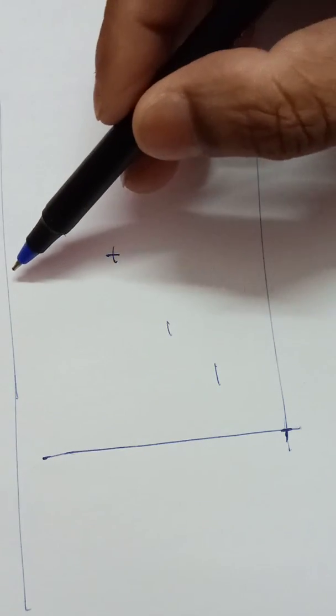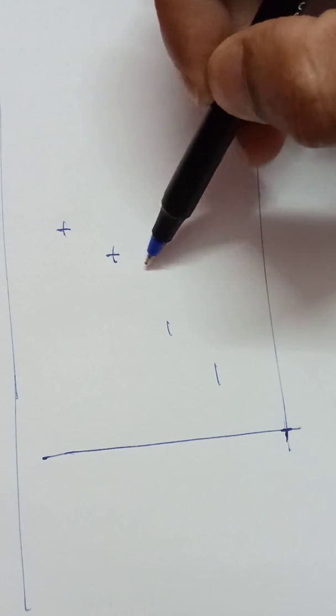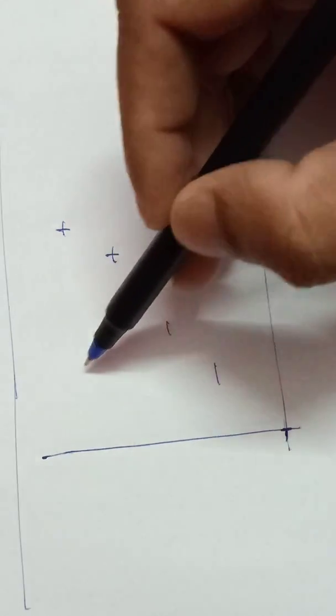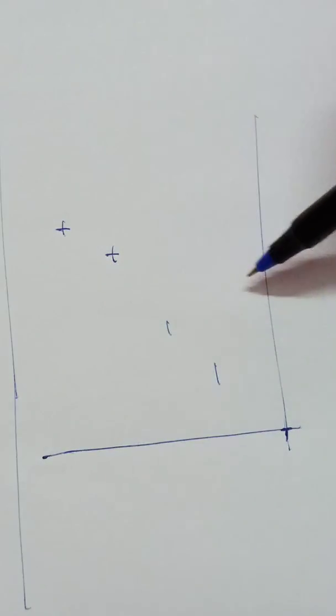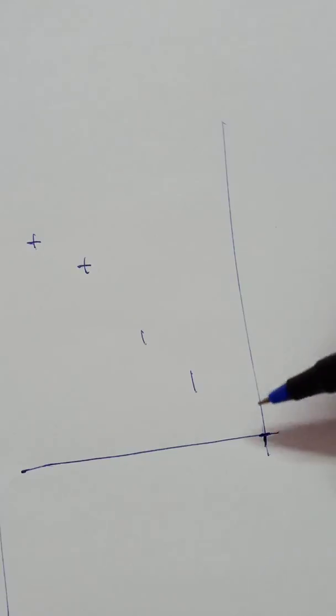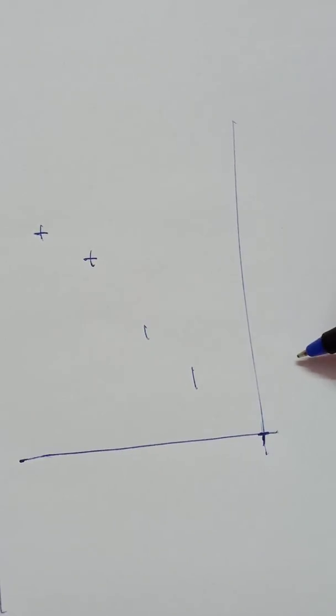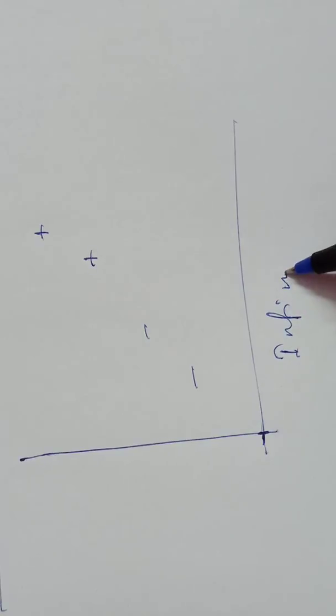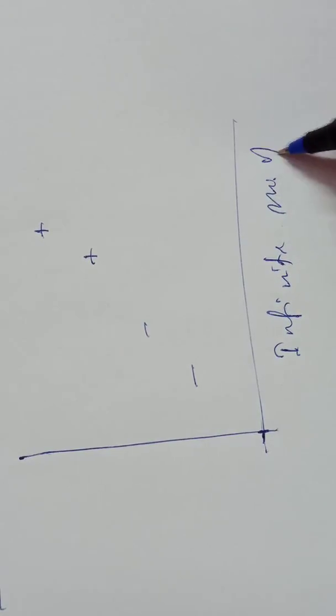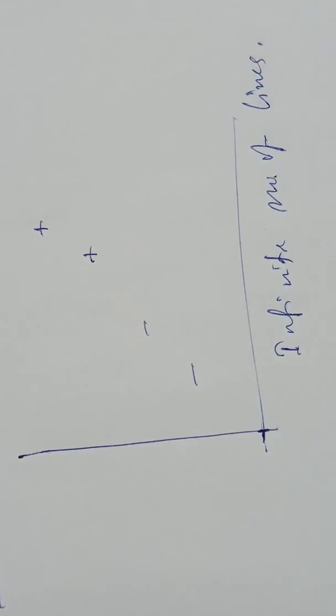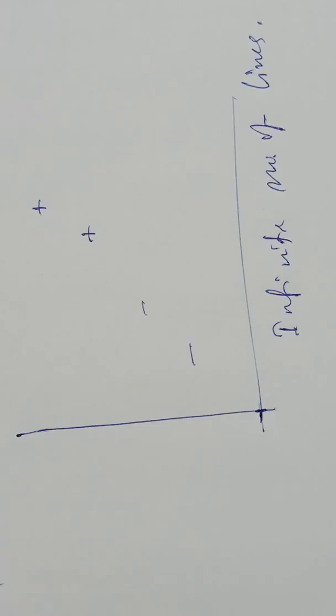We can draw a line which is very near to the positive. We can draw a line like this, and like this. So the problem is that we have an infinite number of such lines. Now the question is which one to choose.